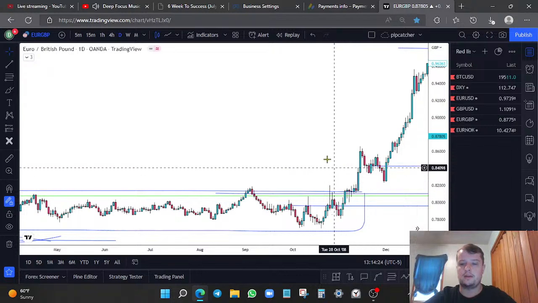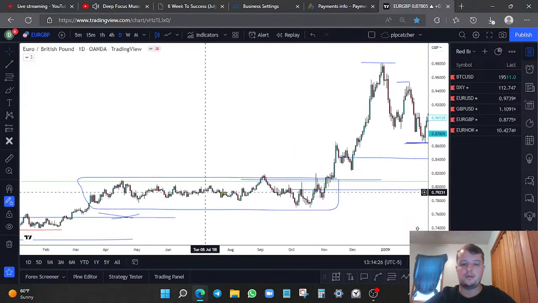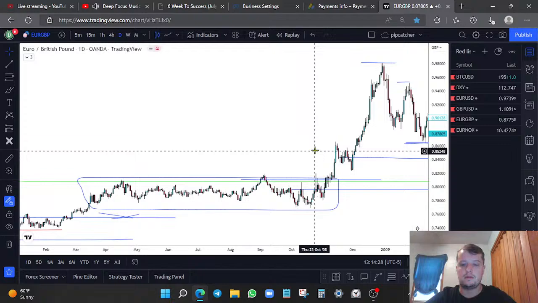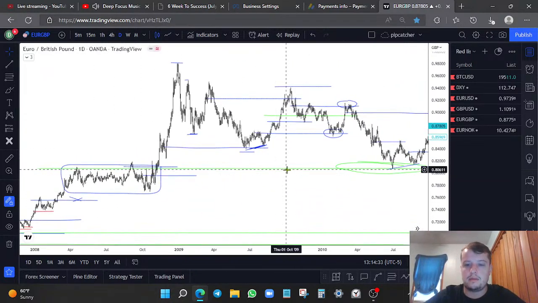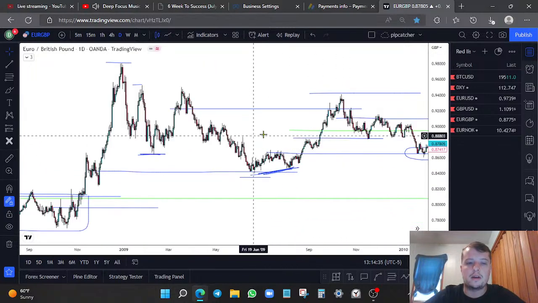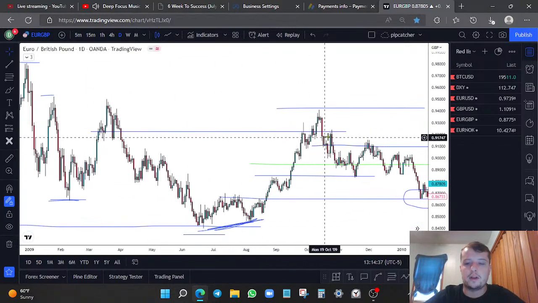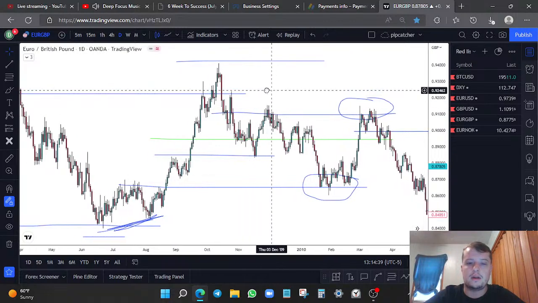So what are we looking at? This was that huge area of consolidation. And where did we have a, let's see, we have a weekly point of interest in this area here.